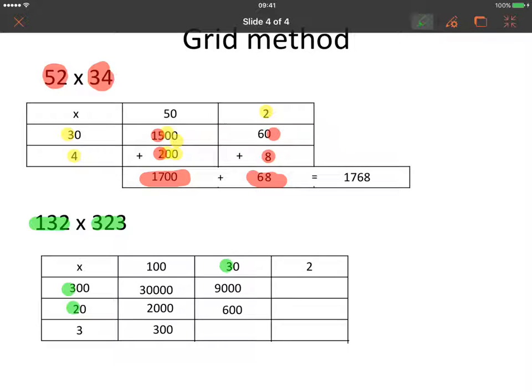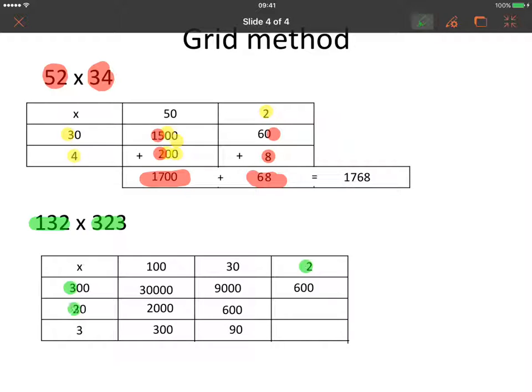Last one on this column, I've got 3 here, another 3 there. 3 times 3 is 9, but I still have this 1 zero, so 90. Okay, last column. I have got 3 times 2, and 3 times 2 is 6, but I still have these 2 zeros, and therefore 600.